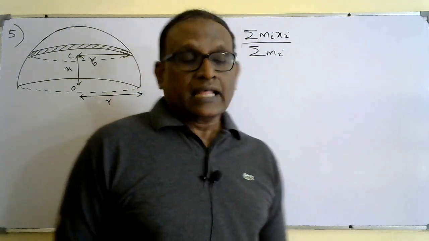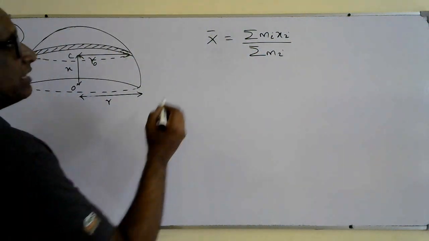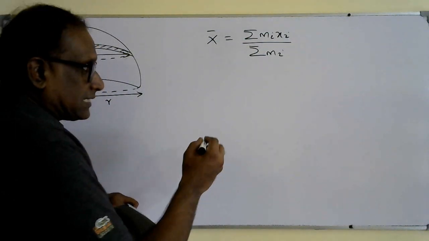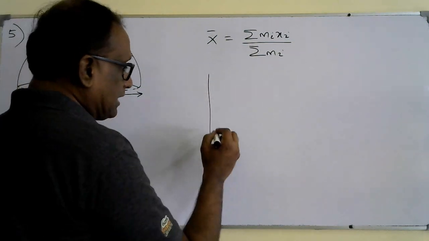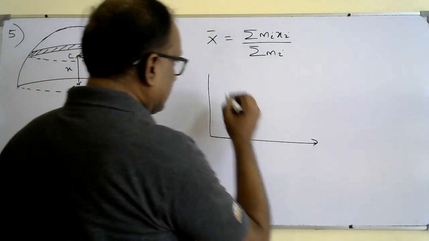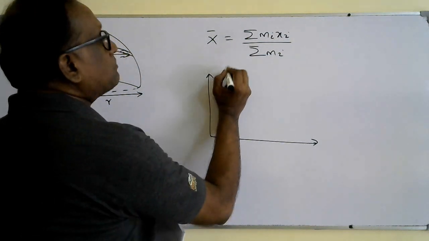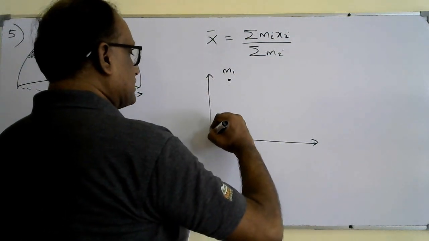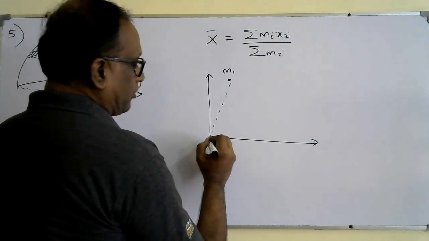Then sigma mi xi means we are considering many different objects. The basic idea of center of mass is, if there is a system of particles or system of objects, there is an object or particle with mass m1 at a distance x1 from this point. We are measuring the center of mass from this point.